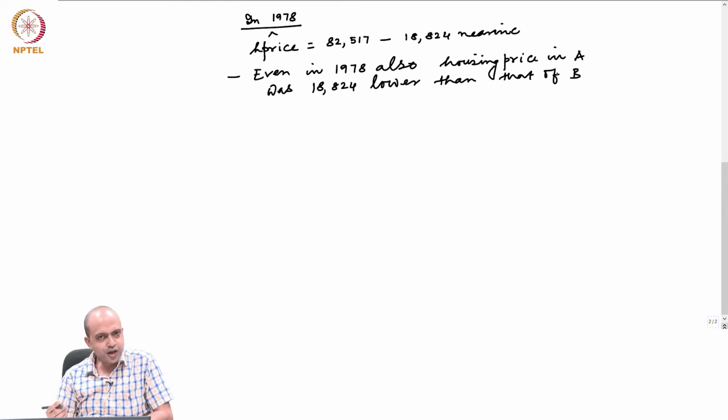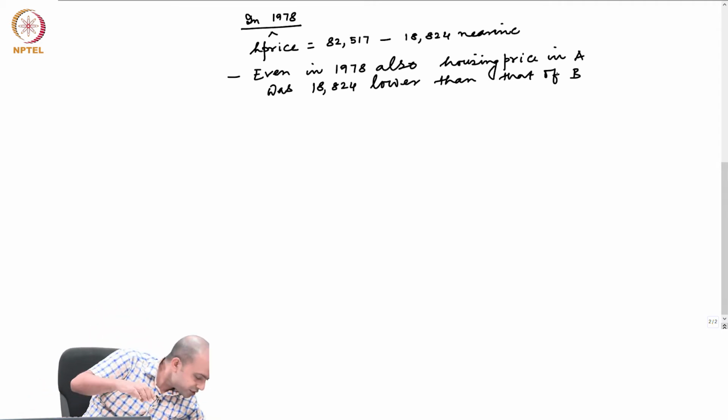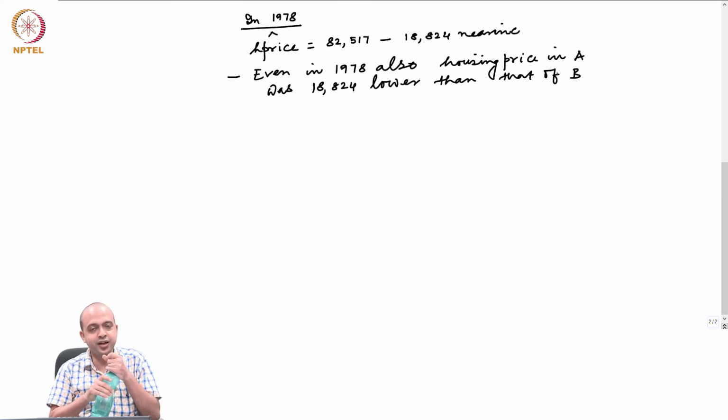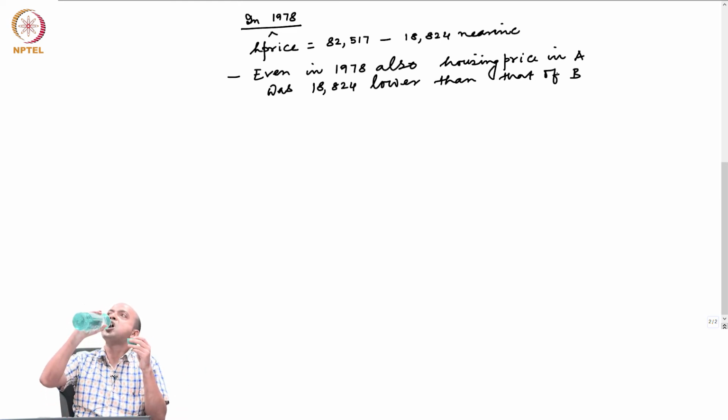So, housing price was already lower in place A compared to B even in 1978. That means we cannot ensure that this lower price is due to the garbage incinerator, because the same thing was happening in 1978 also.